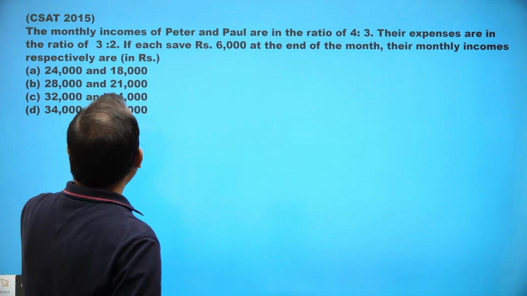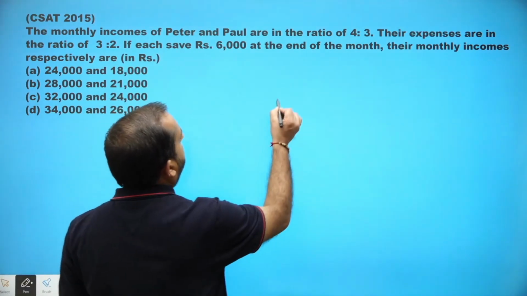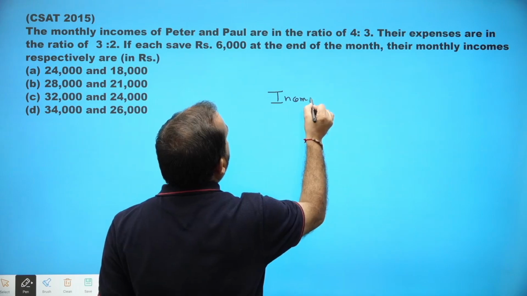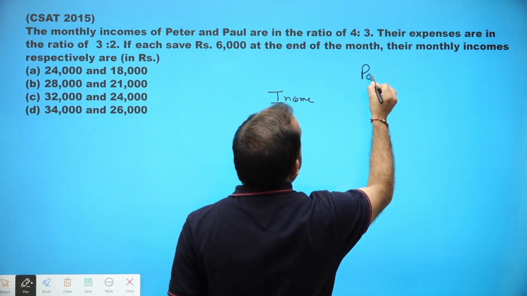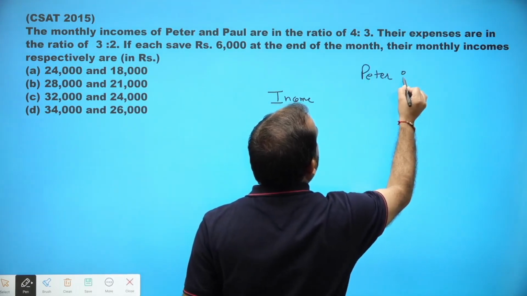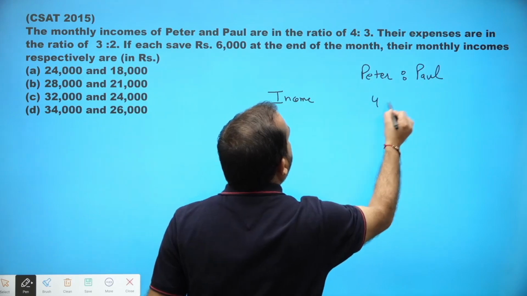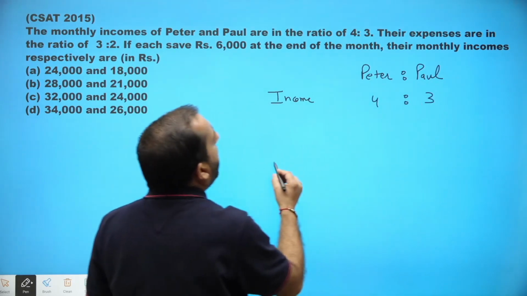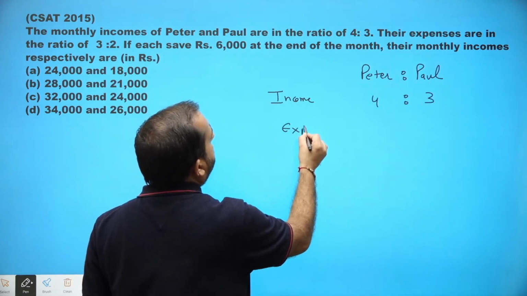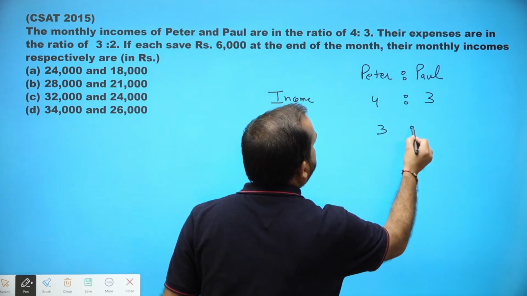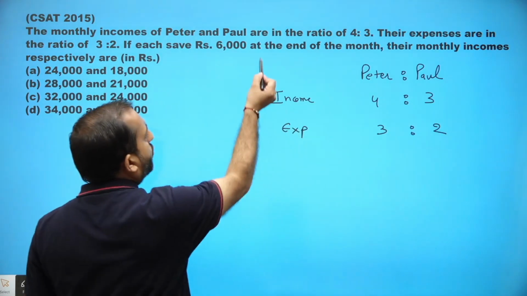Let's solve this. The monthly incomes of Peter and Paul, so there is Peter and there is one more person, Paul, are in the ratio 4:3, and their expenses are in the ratio 3:2.